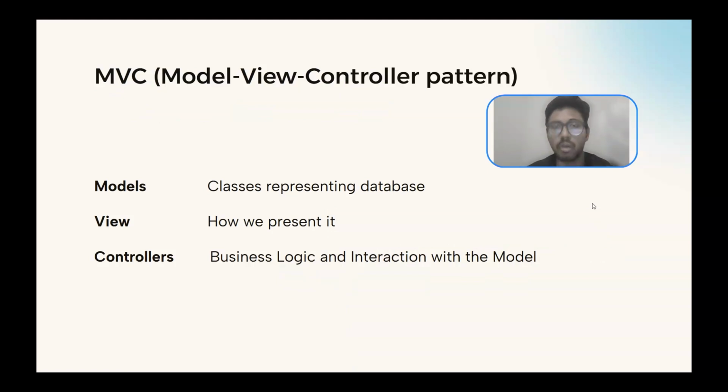Let's look at what MVC is. So we have the model, the view, and the controller. Model is basically the classes which represent the database. We have a concept called ORM, object relational mapping, where the classes are translated into tables.